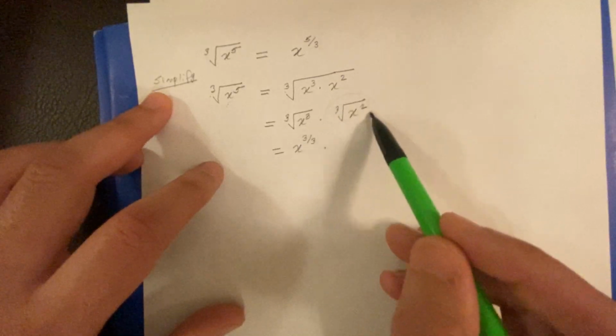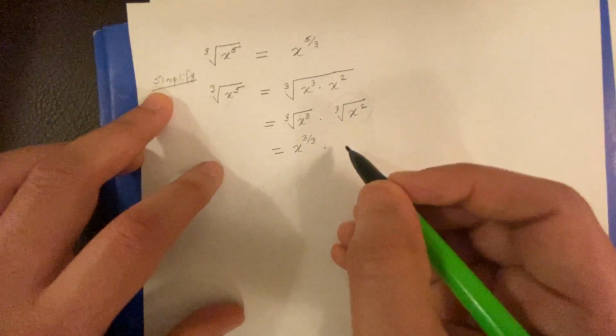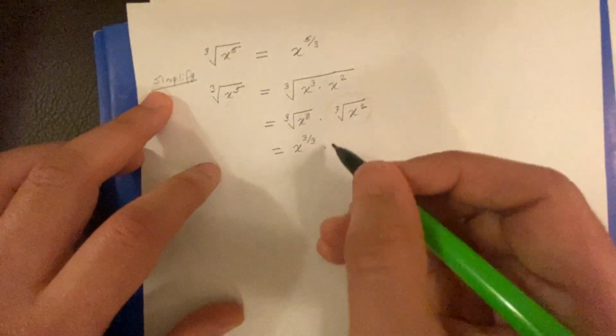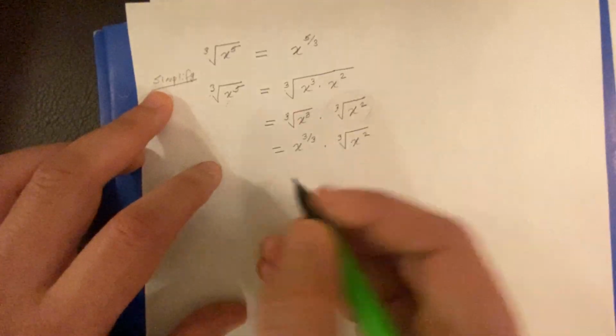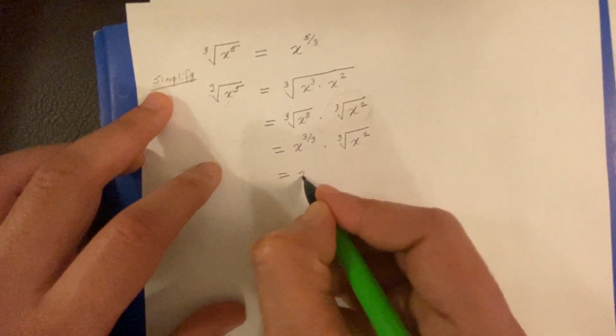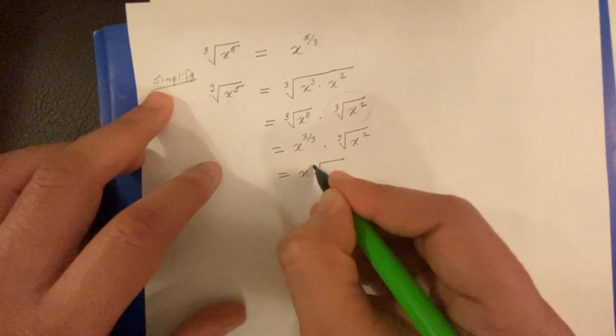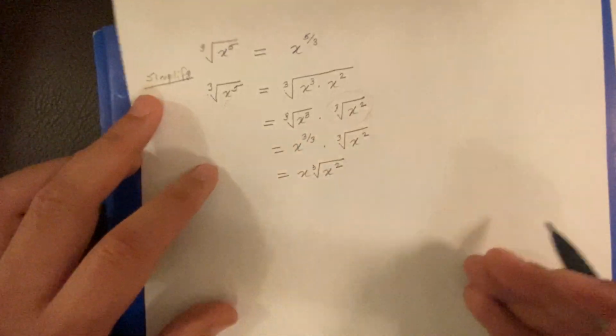You don't have to do anything. So this one is just x times the cube root of x squared.